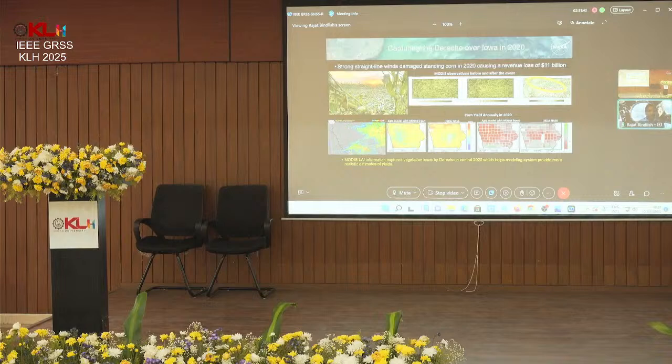And this was only possible because of the remote sensing data and the powerful modeling platform that we built. So this is an example of a study that we've done, which shows you the value of soil moisture as well as vegetation information from different satellites in determining agriculture productivity or food security.